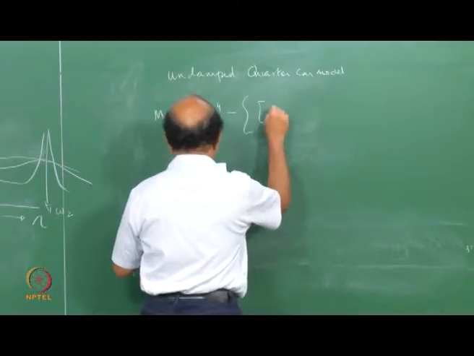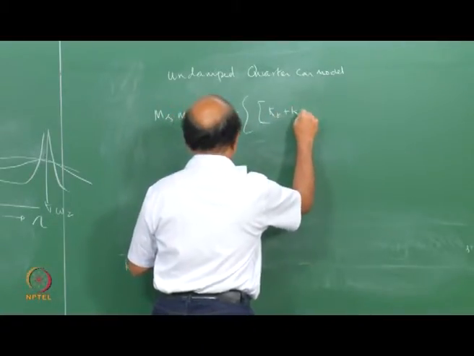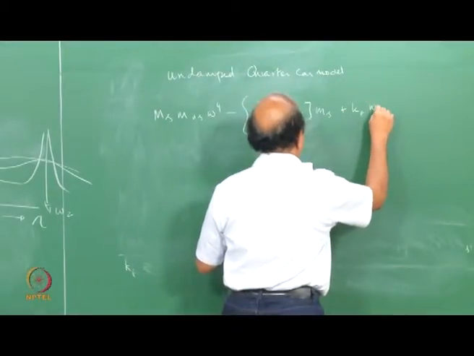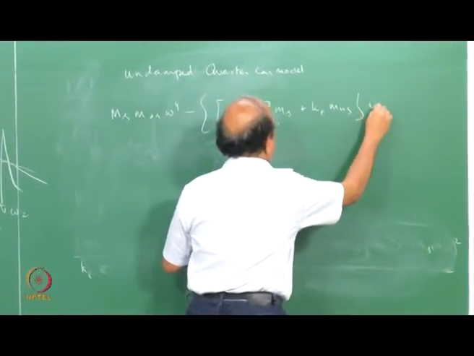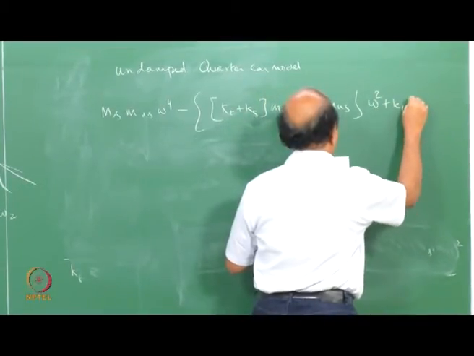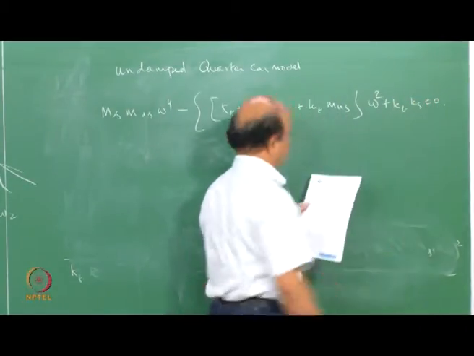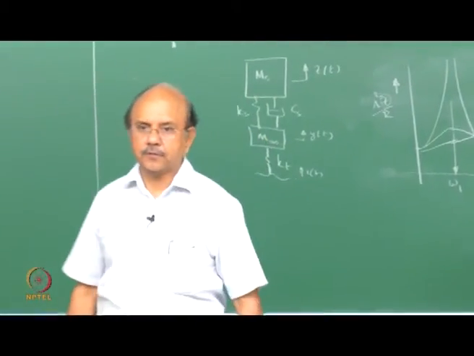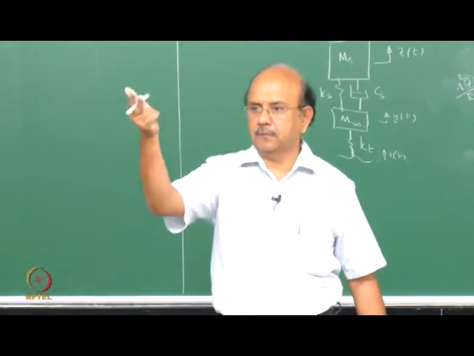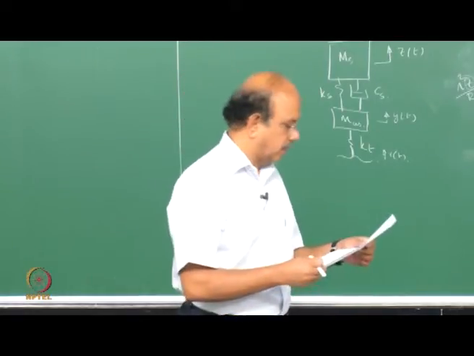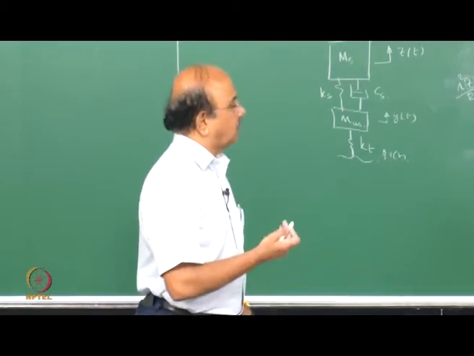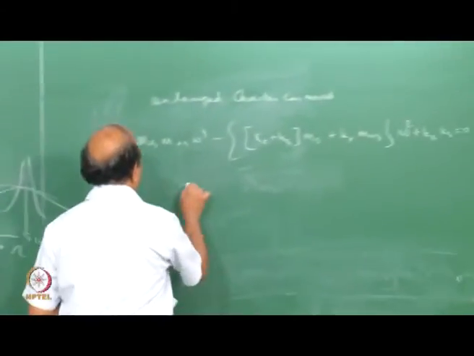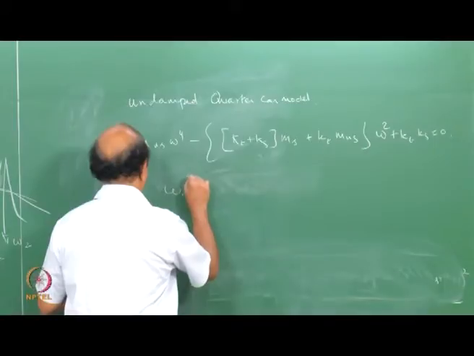If you have any doubts, I will answer it, but I think that's a known thing. So that's the characteristic equation for the undamped system. Go back to that equation and then get this. We solve this equation, of course, for omega, and call that omega 1 squared and omega 2 squared.